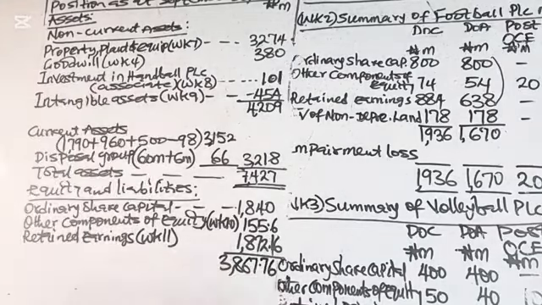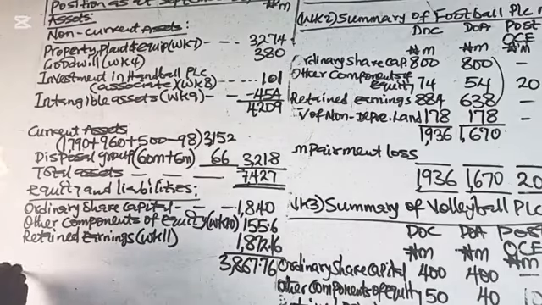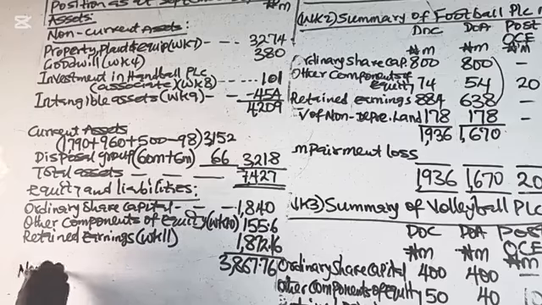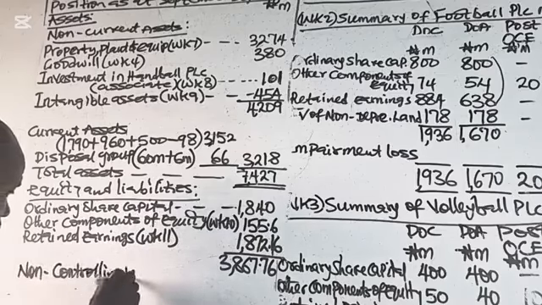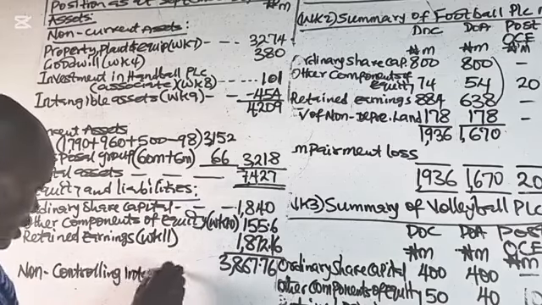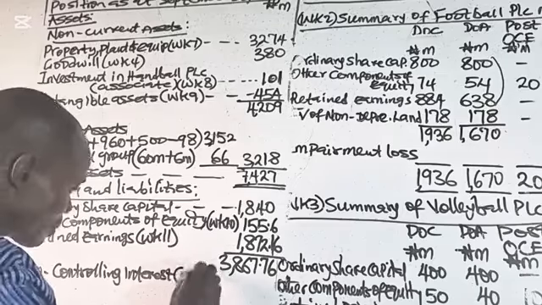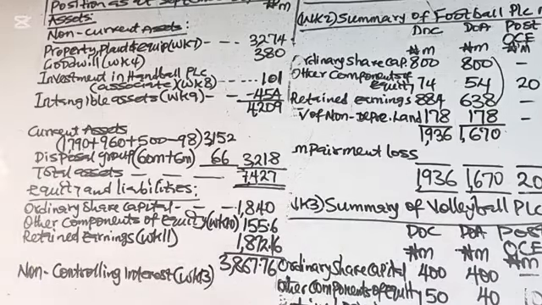That is the equity attributable to the owners of the parent. The next item should be the non-controlling interest, and this has been calculated from working number 13.